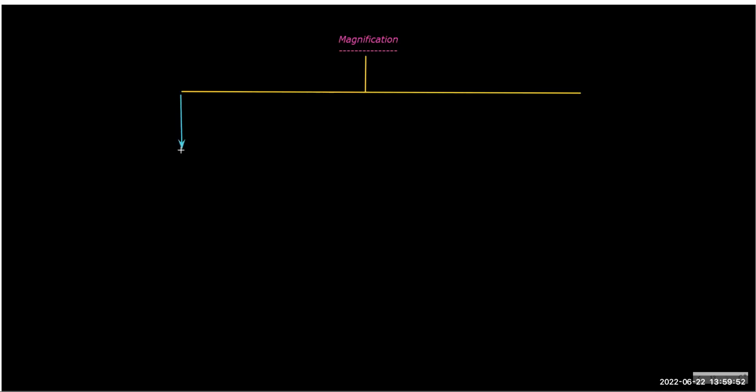So in ray optics, there are two types of magnification that we define. One is called the linear magnification.